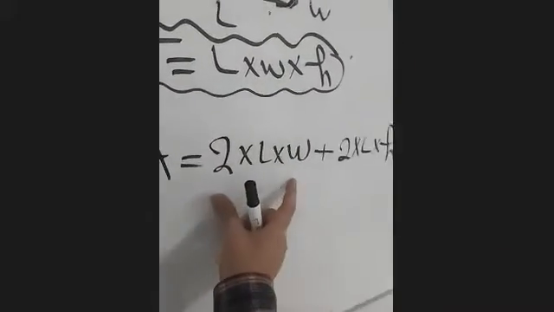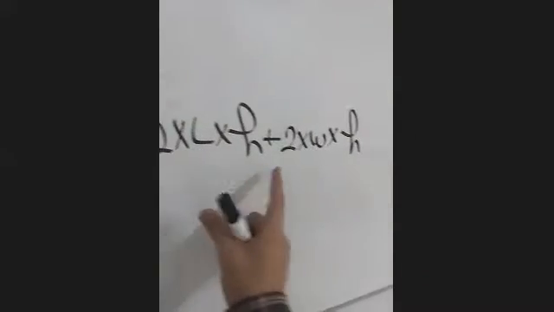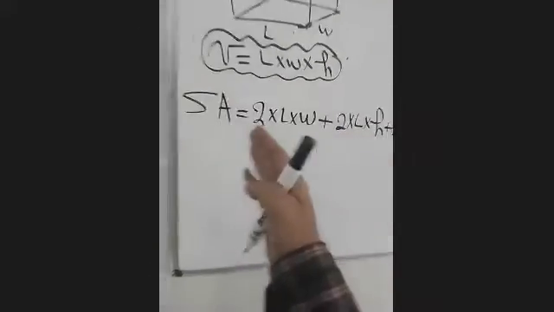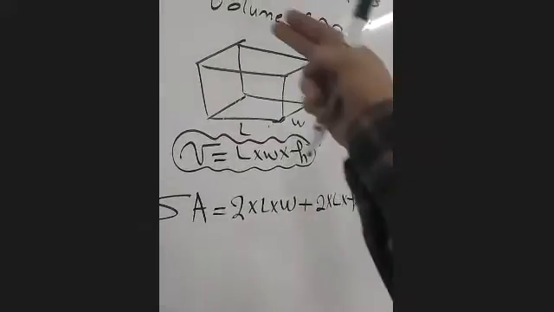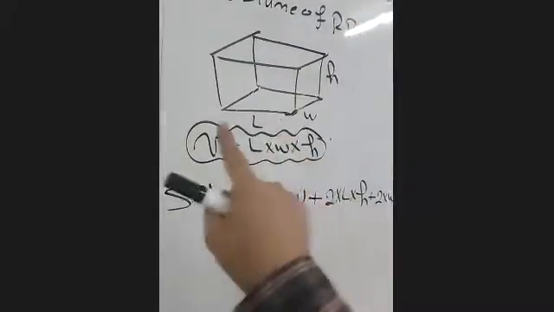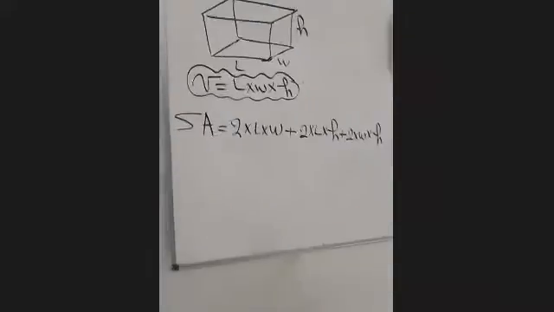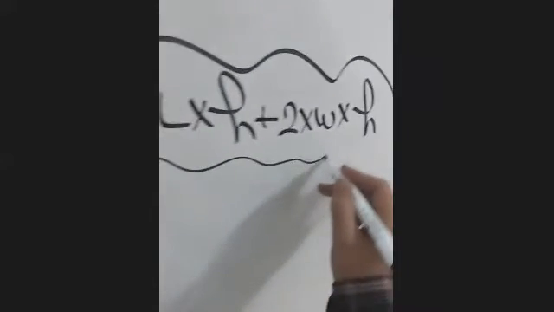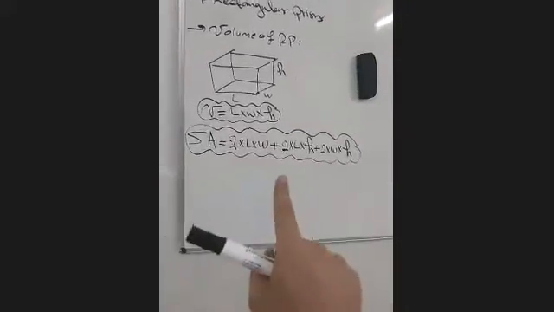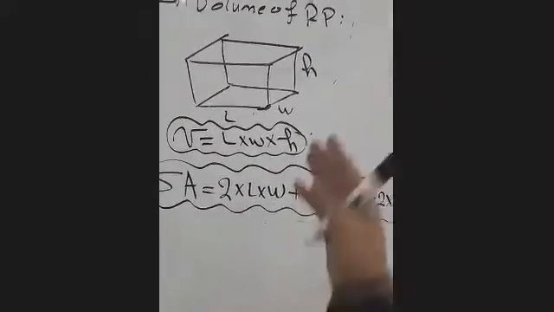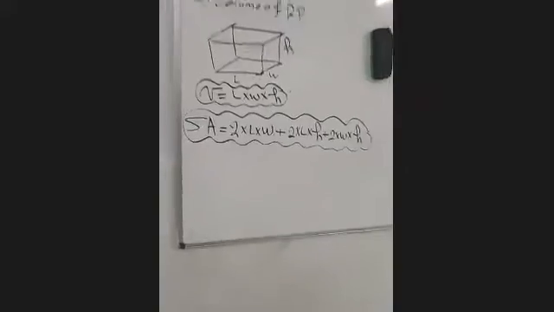Here we have 2 faces and 2 faces and 2 faces. Together, we have 6 faces, which are the number of the faces for the rectangular prism with length, width, and height. This formula is used for finding the surface area of a rectangular prism.